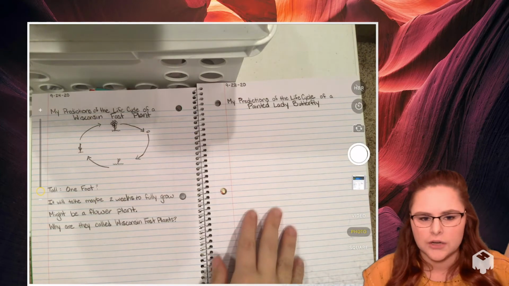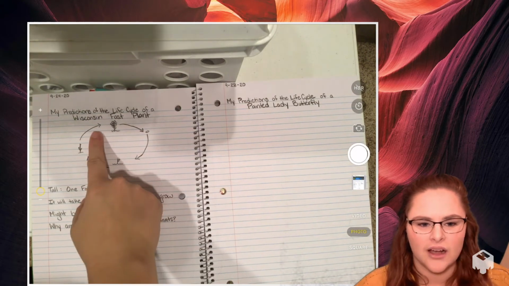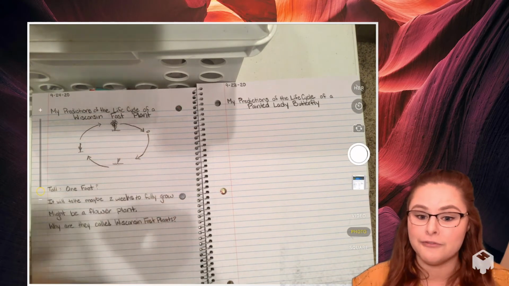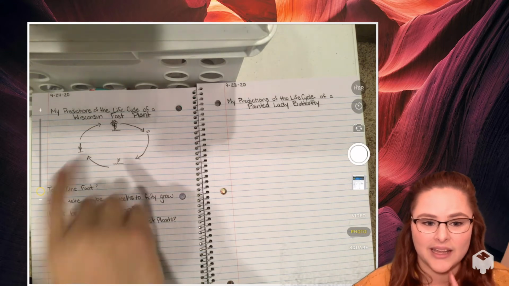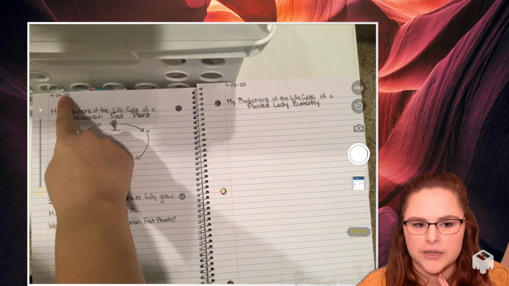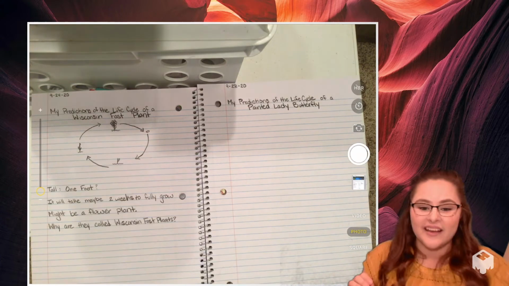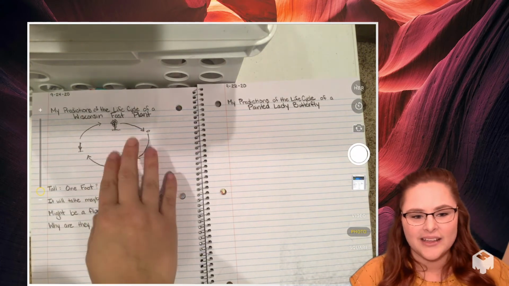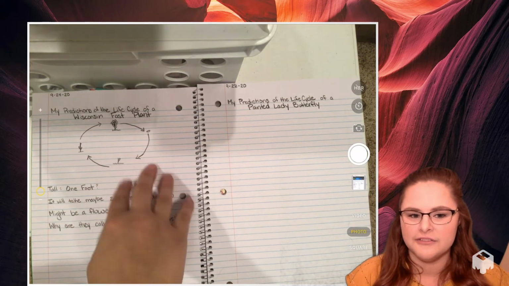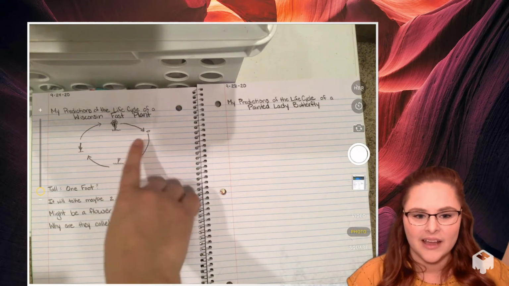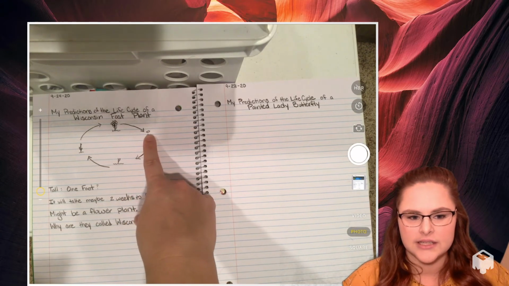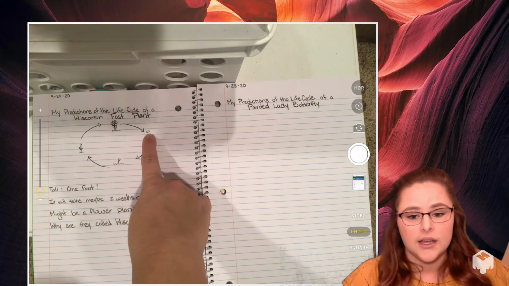Your science notebook should have your Wisconsin fast plant experiment from last week. I even dated it 9-24-20. You can see that I have my guess as to what the Wisconsin fast plant might look like. I put over here as its little tiny seed, you can barely even see it.